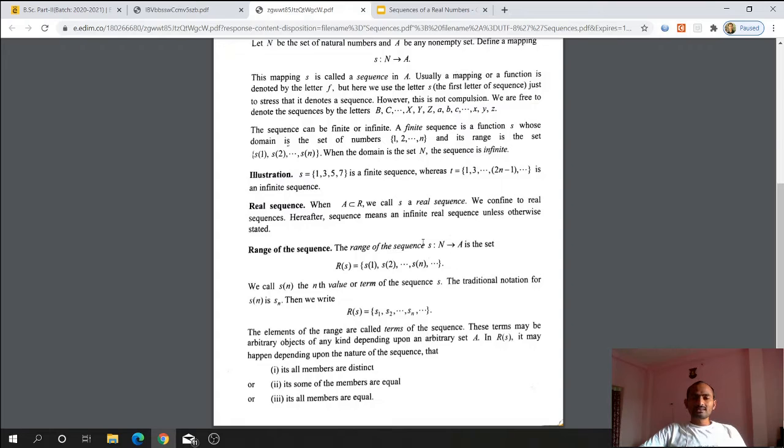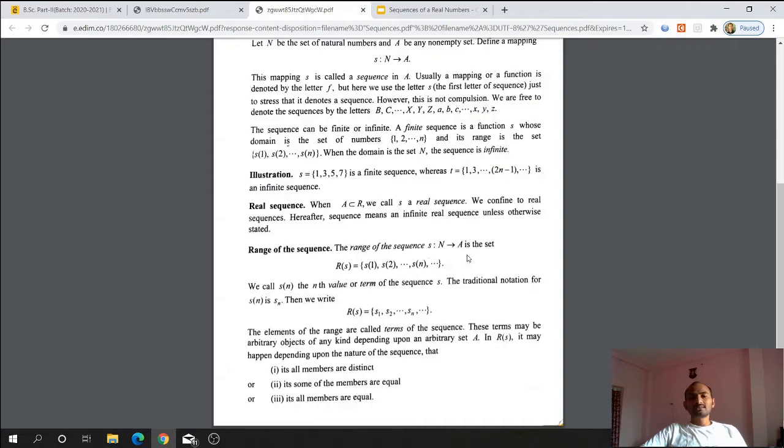There are infinite elements in the domain set: 1, 2, and so on, n, and so on up to infinity. Okay, so the range set is what? The image of 1, that is S of 1, the image of 2, that is S of 2, and so on.